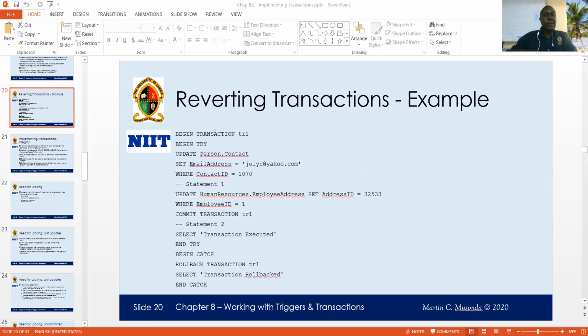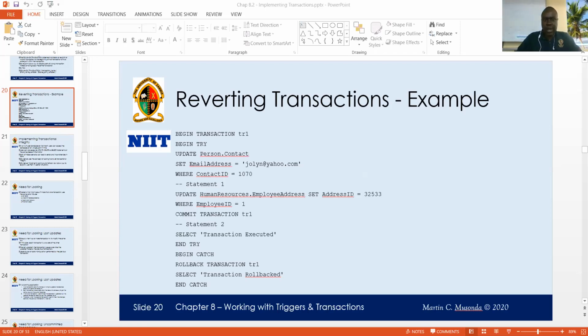When we use N in this way, we are saying that what follows might be of a Unicode data type.